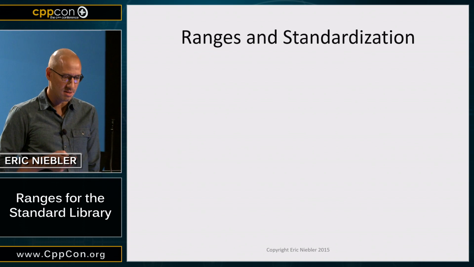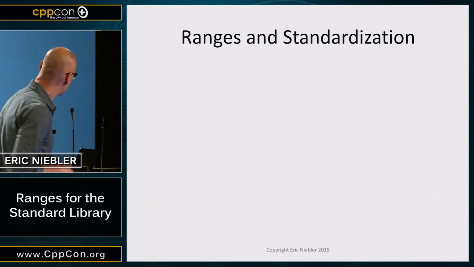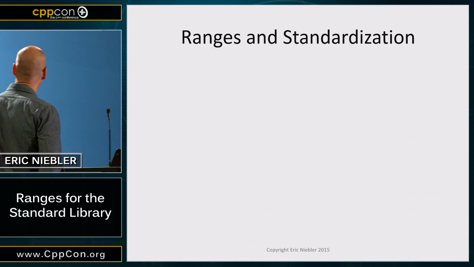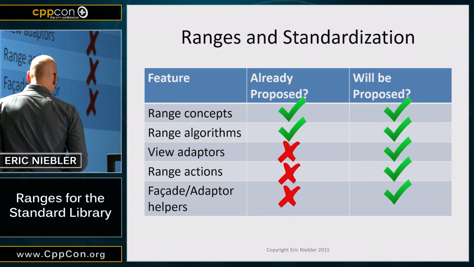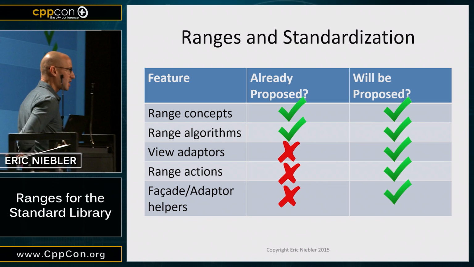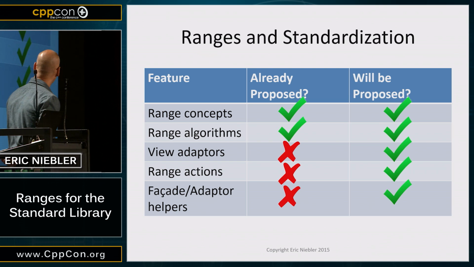So ranges and standardization. You might be thinking, okay, that's all great, but when do I get it? So what's been proposed and what will be proposed? The range concepts, which I didn't really talk much about, have been proposed.